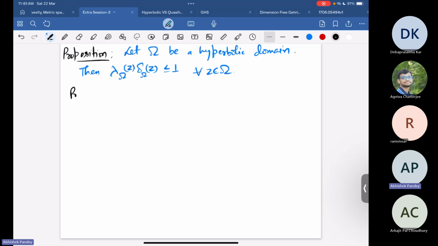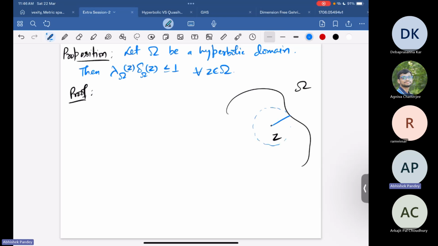So the proof goes like this. We have a domain omega, and we take any point z. We take the ball centered at z with radius delta omega z.